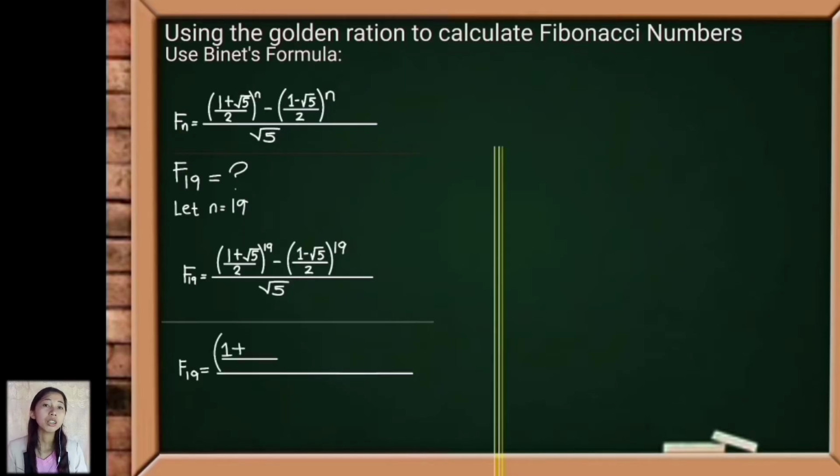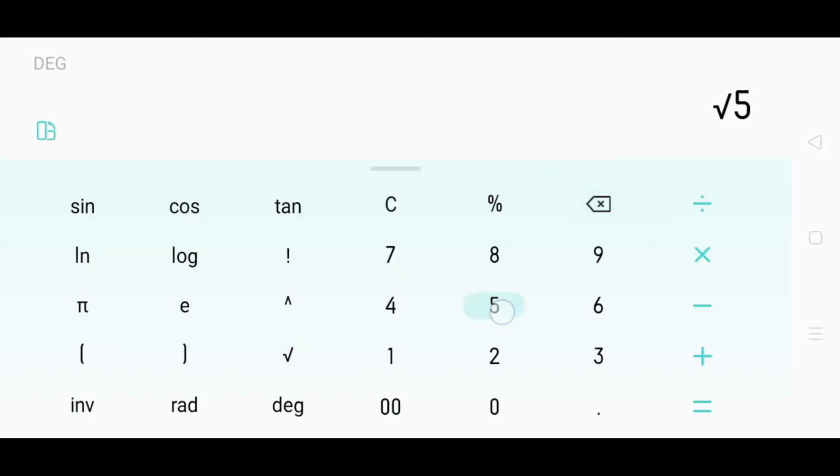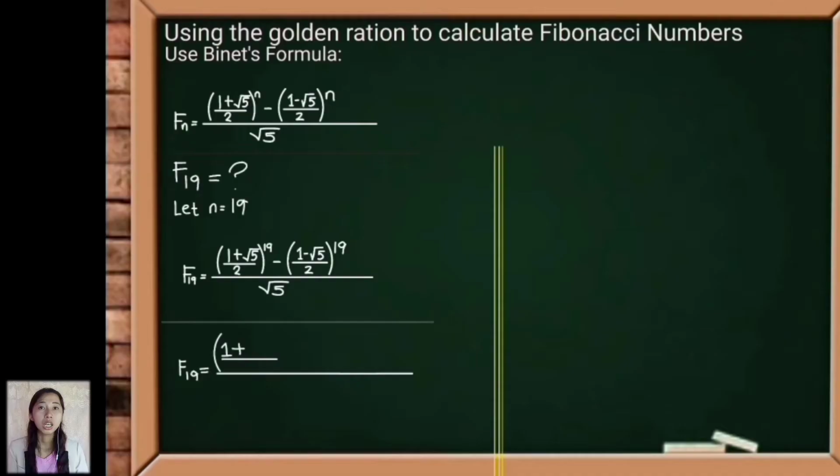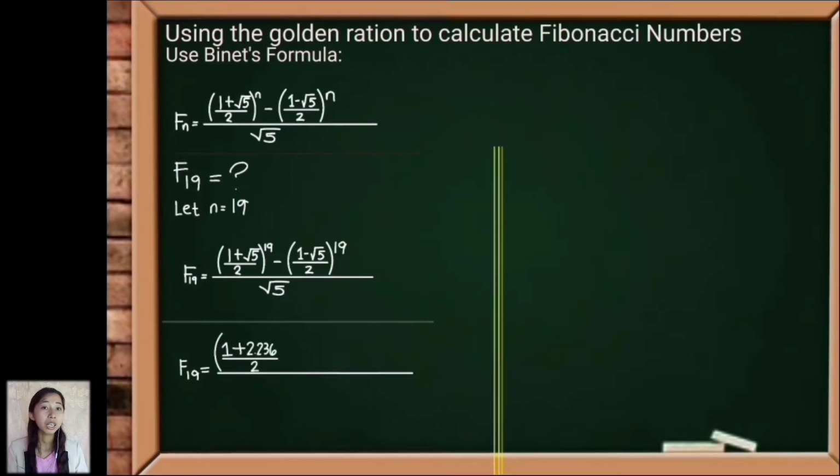So if we were to use the formula, F19 equals open parenthesis 1 plus, what is the value of radical 5? If you're going to use your calculator, radical 5 is 2.236. So that is the value of radical 5, over 2, close parenthesis, to the power of 19.